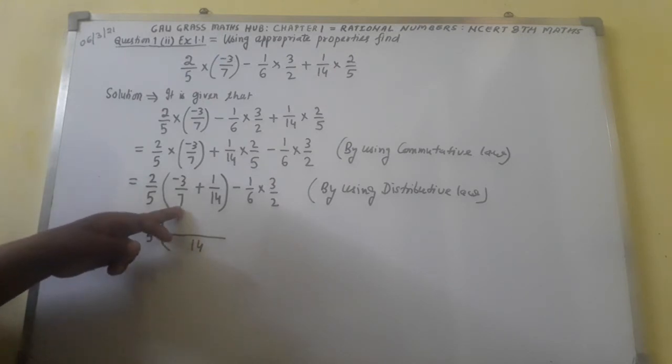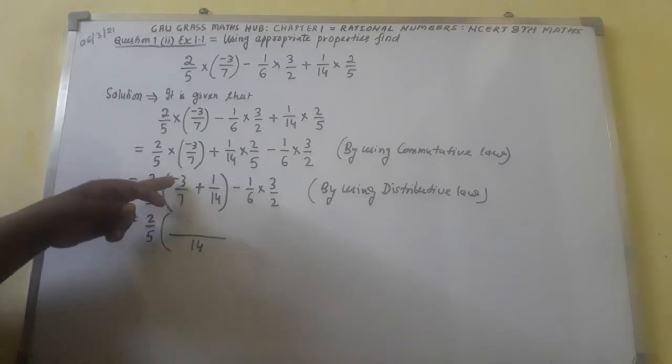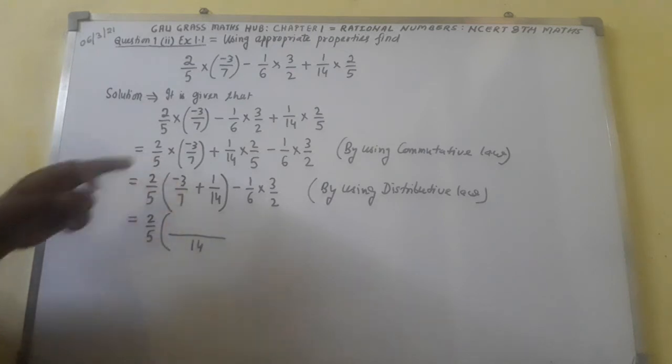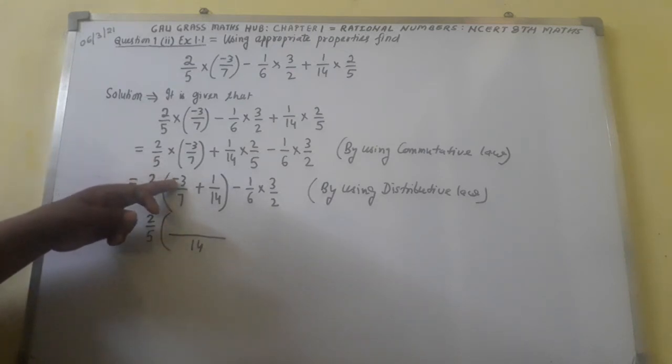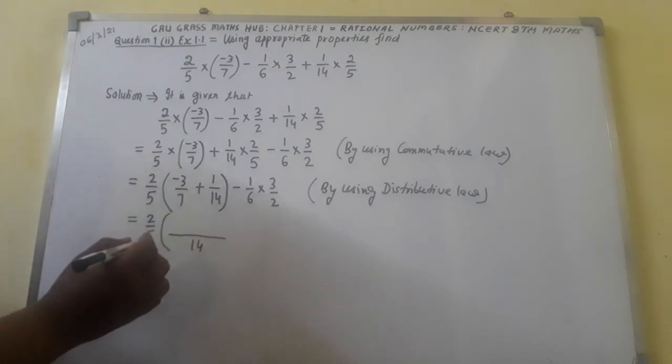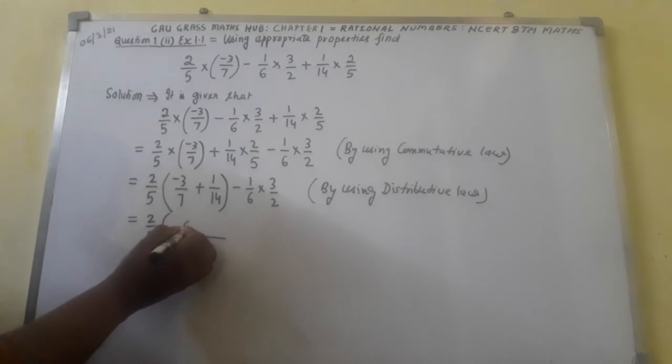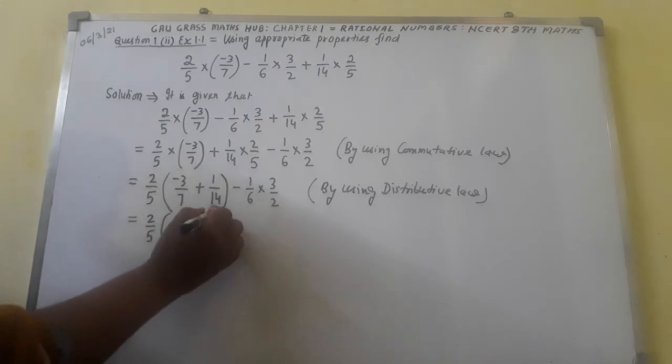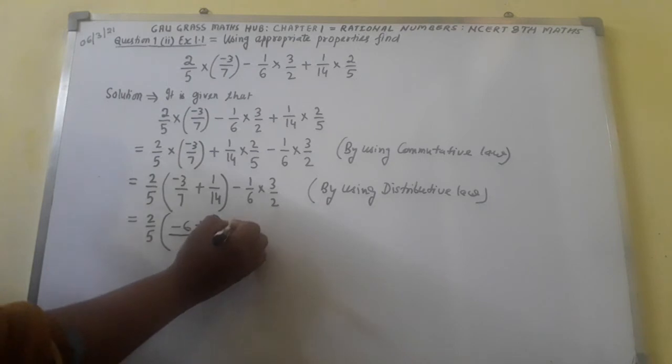So since the denominator 7 is multiplied by 2, the numerator minus 3 will also be multiplied by 2. So you will get minus 3 into 2, that is minus 6. Plus 1 I shall write. Minus.